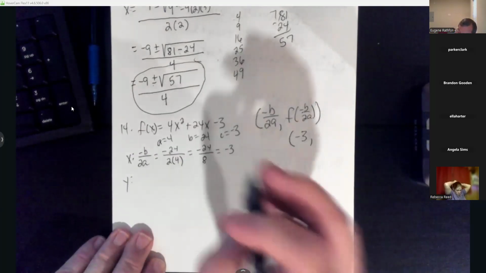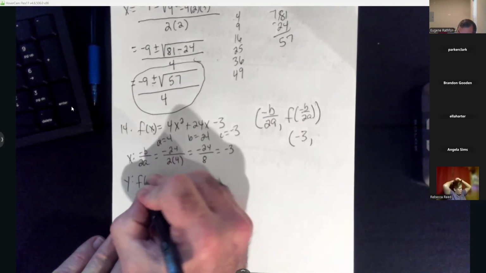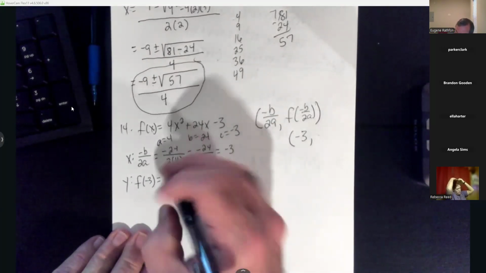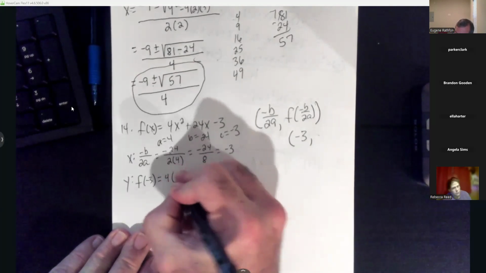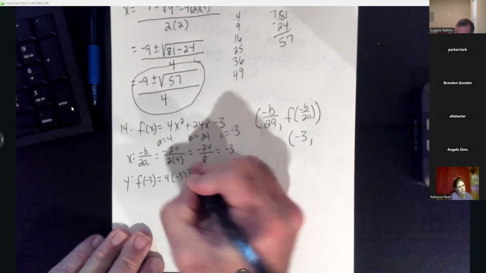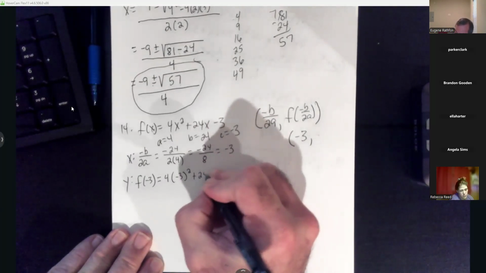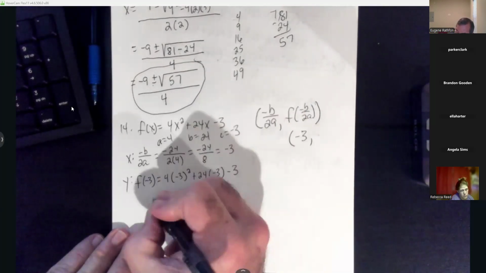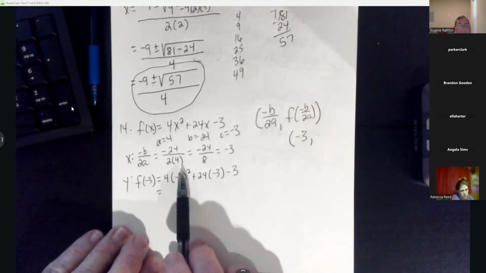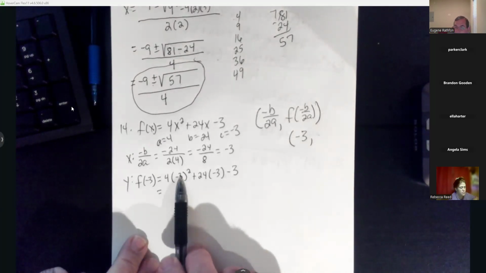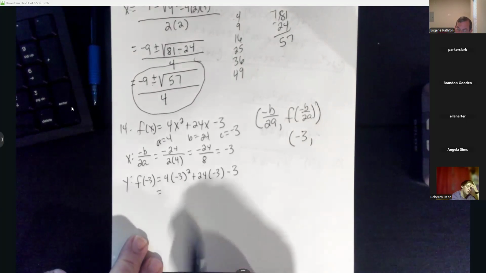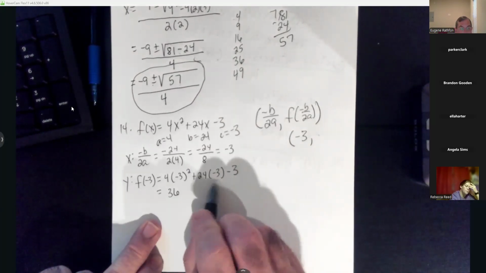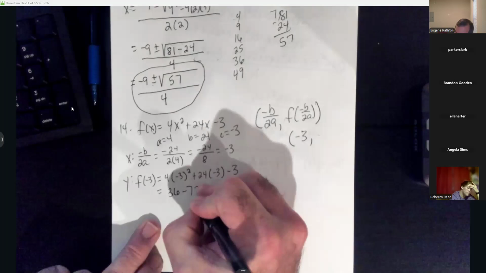Now, if you want to get the y value, you would find f of -3. You'd put a -3 in for the x's. So 4 times -3 squared plus 24 times -3 minus 3. All right, y'all, so -3 squared is 9. 9 times 4 is 36. 24 times -3 is a -72.